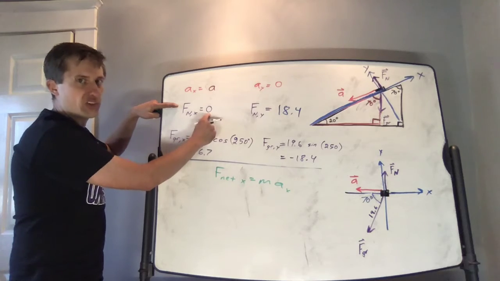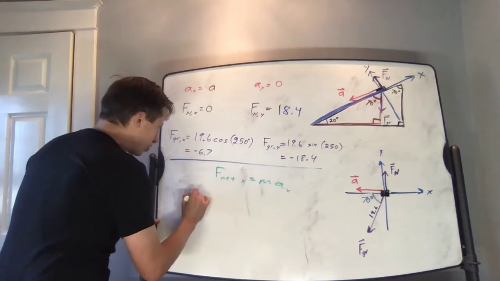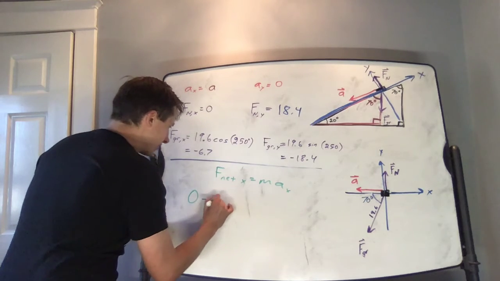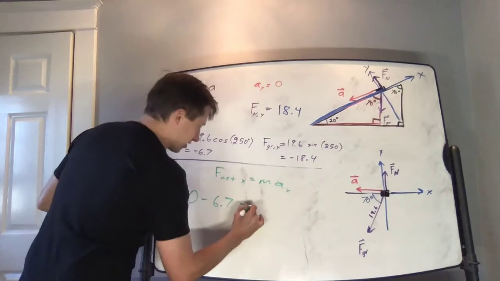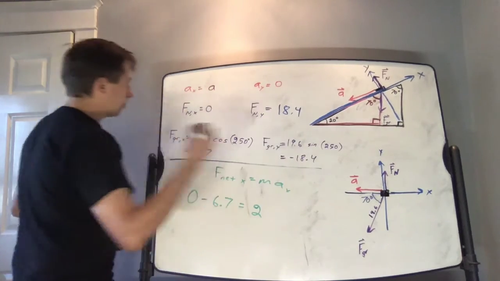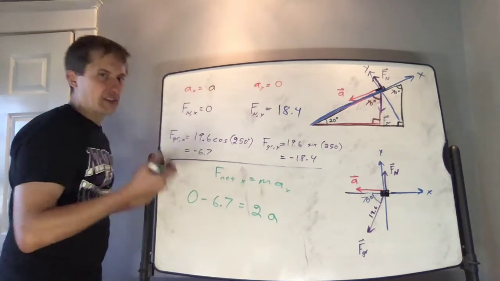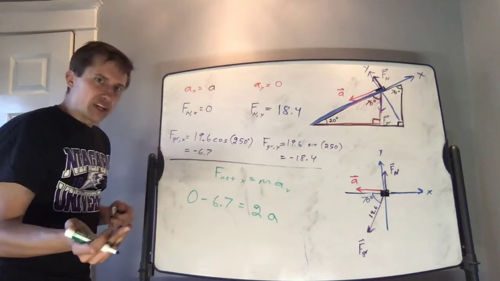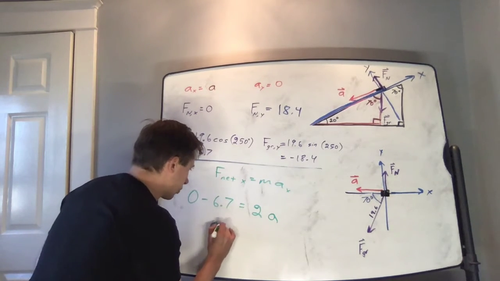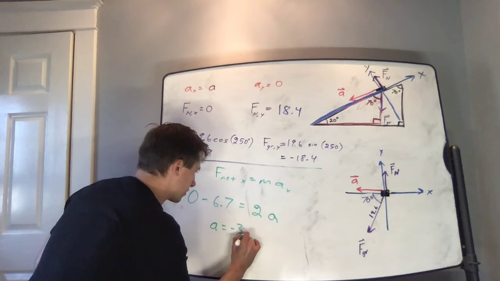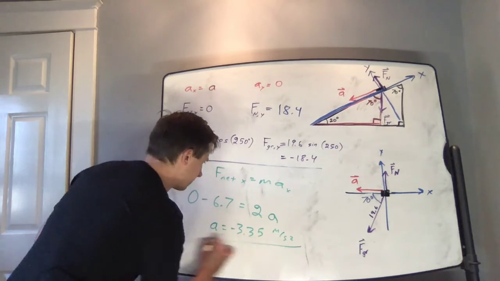The normal force is 0. The gravity force is negative 6.7. So I could write 0 minus 6.7. The mass of the crate, again, is 2 kilograms. And the acceleration of the crate, I don't know what that is. That is just a. When I go through the arithmetic of this problem, I find the acceleration of the crate is negative 3.35 meters per second squared.